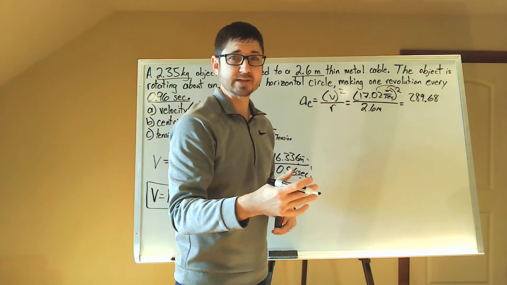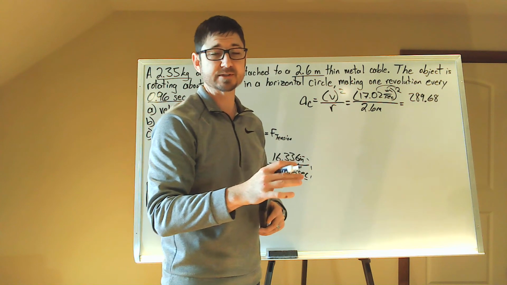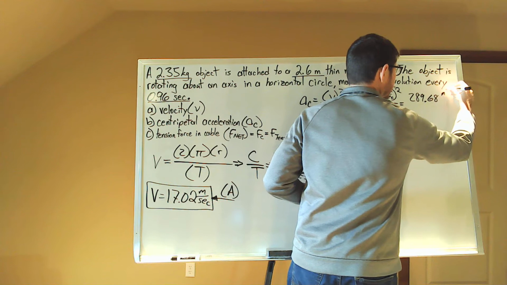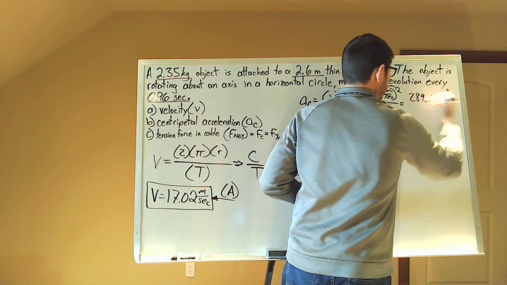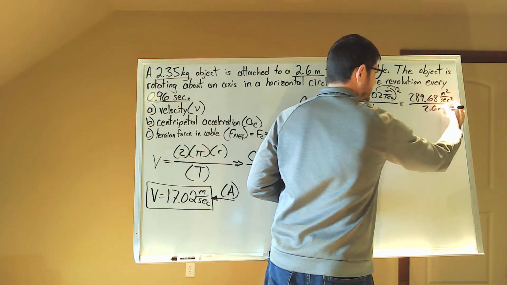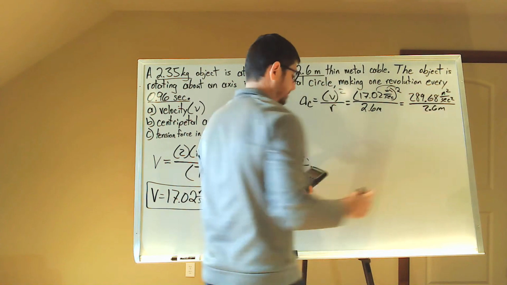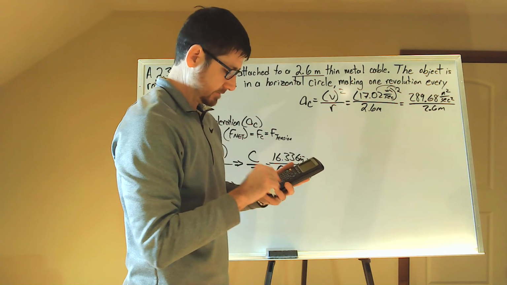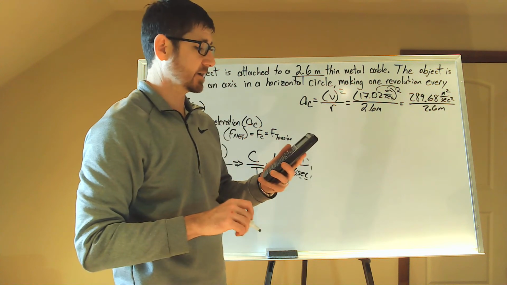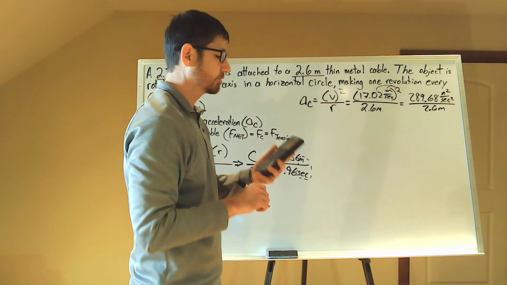So meters per second times meters per second will give us meters squared per second squared. Right here we're dividing by the radius of the circle, 2.6 meters. And this gives us a centripetal acceleration of 111.41.